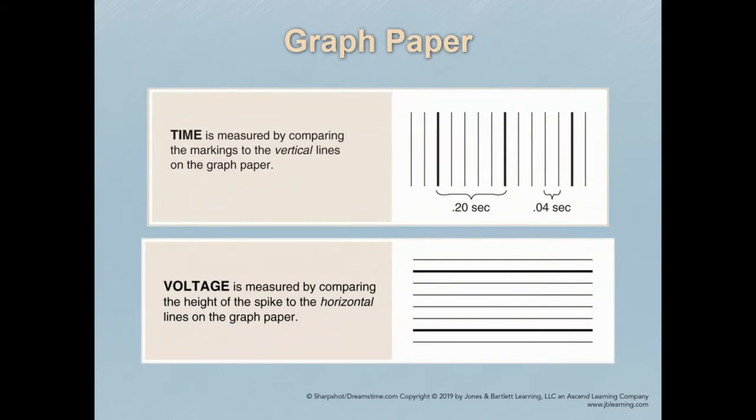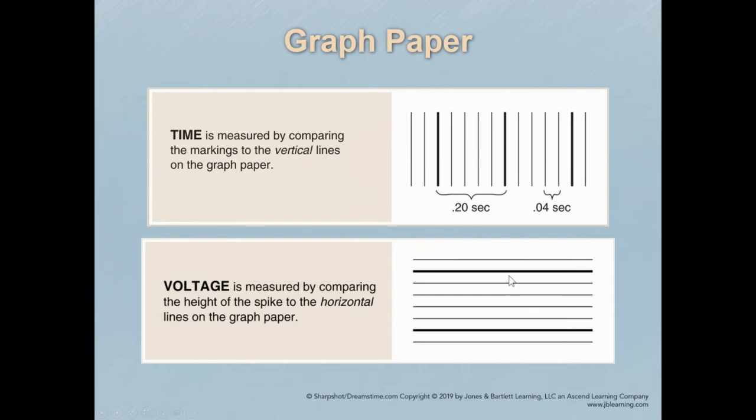So not to get confused, I understand that as our paper is moving out, we look at time moving across, but we measure that by using vertical lines. We see time passing those vertical lines. Voltage or amplitude is measured by traveling up and down, over the horizontal lines.